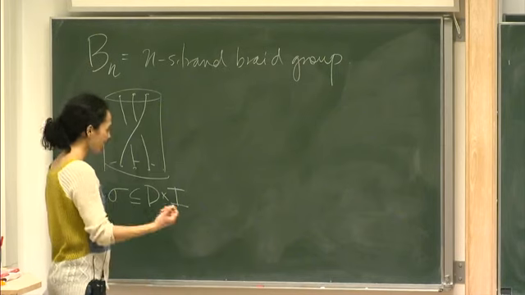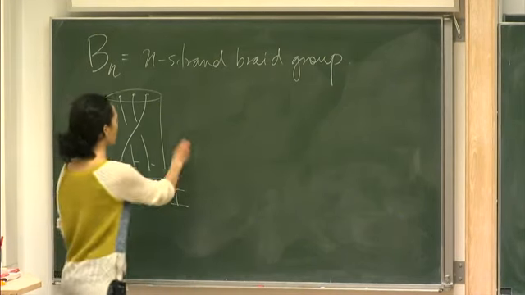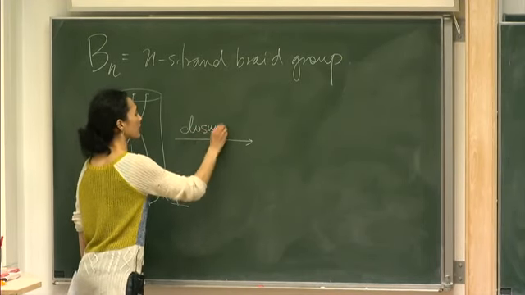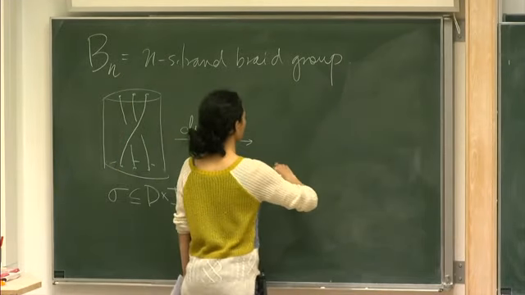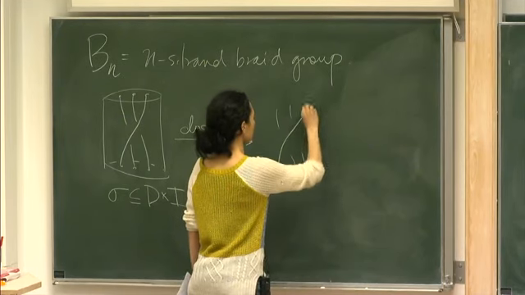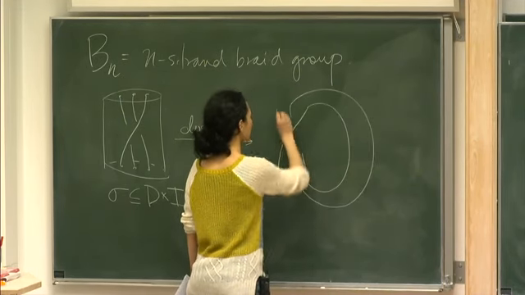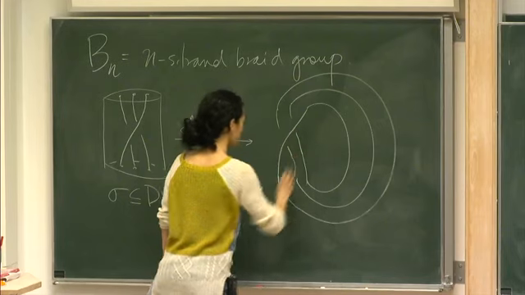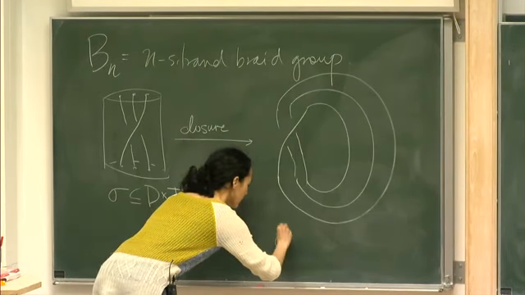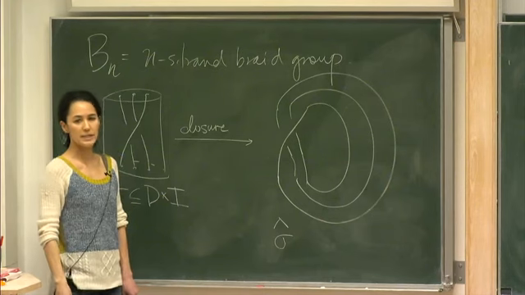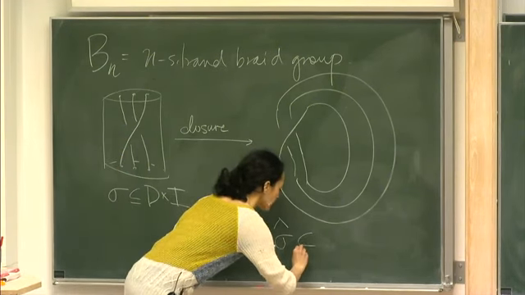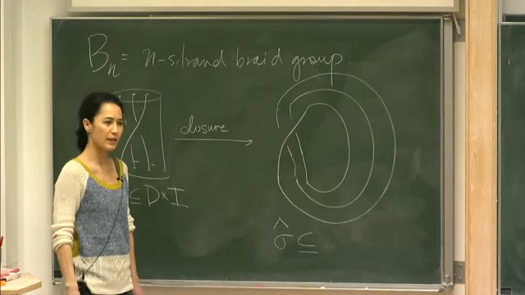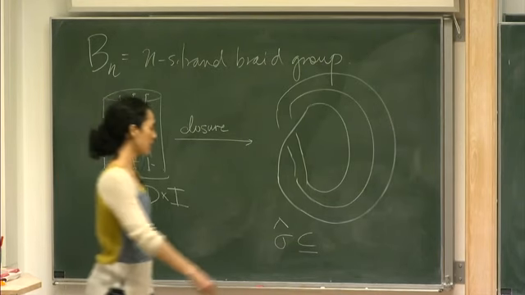Okay, so why do low-dimensional topologists like braids? Well, because they like links, and you can take the closure of any braid to get a link. So here is a somewhat uninteresting link. And I'll denote the closure of a braid by sigma hat. When low-dimensional topologists talk about taking closures of braids, typically they're talking about viewing it up to isotopy in S^3.